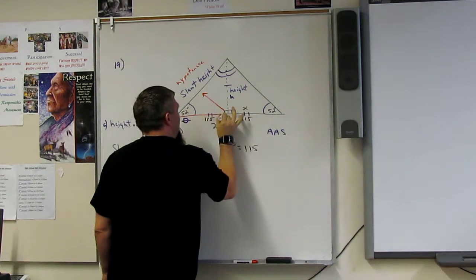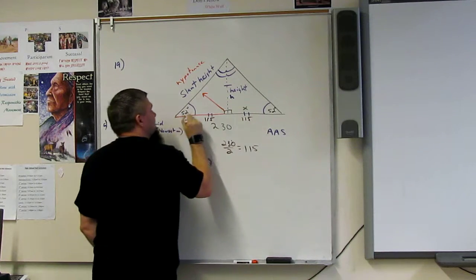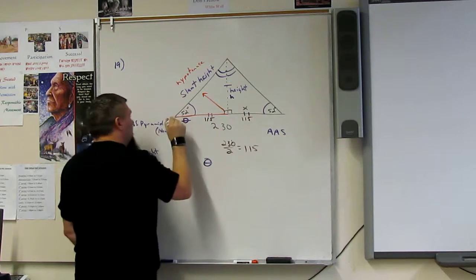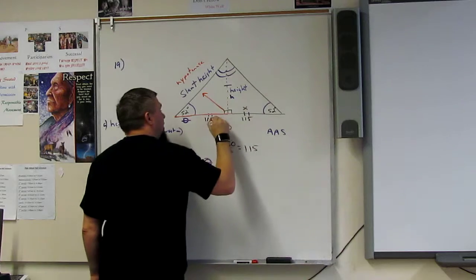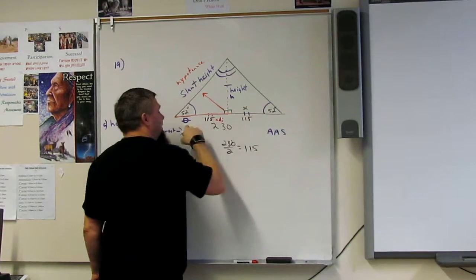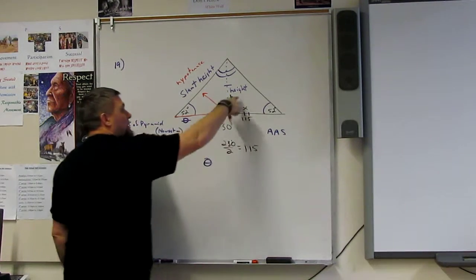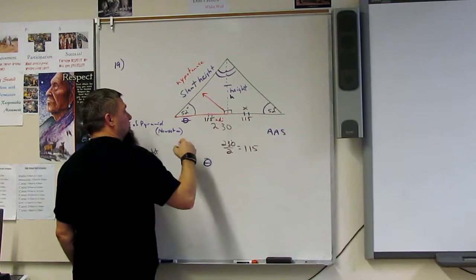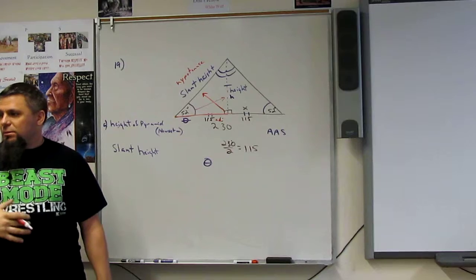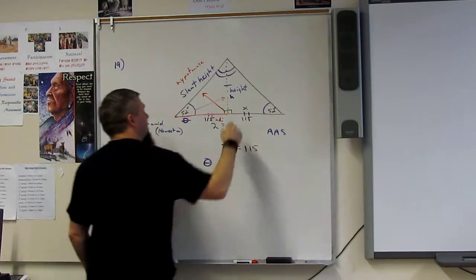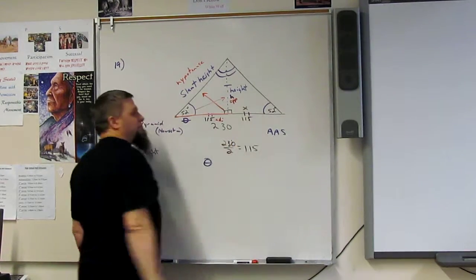Is this hypotenuse? Is this adjacent? Or is this opposite? Adjacent, good. So I know that this is adjacent to theta. What I'm looking for is across from theta, which means it is the opposite.